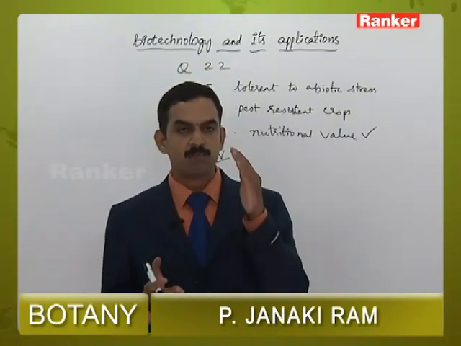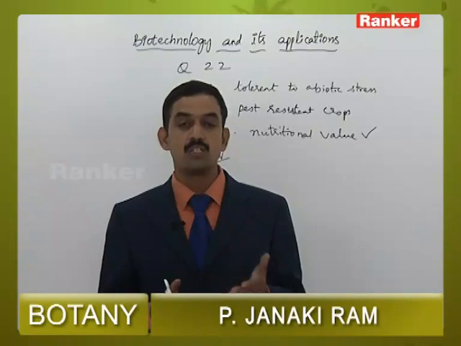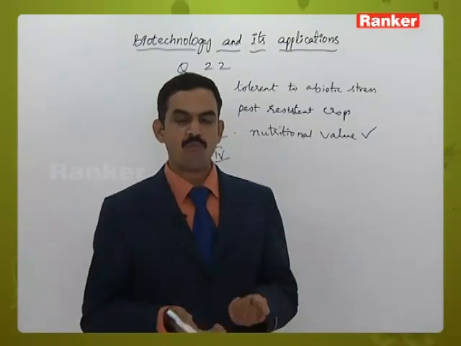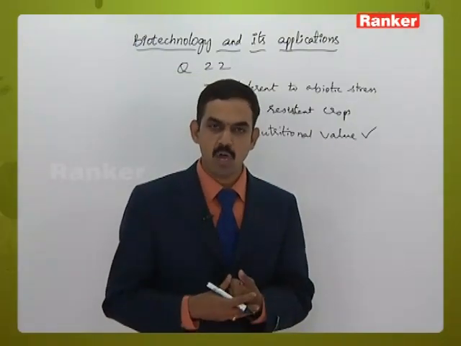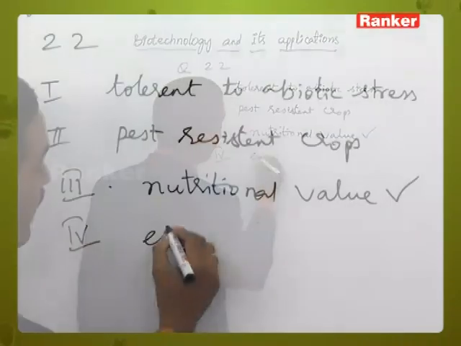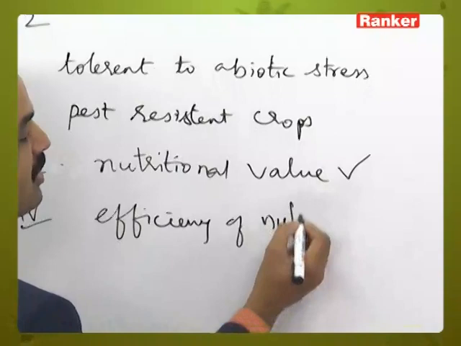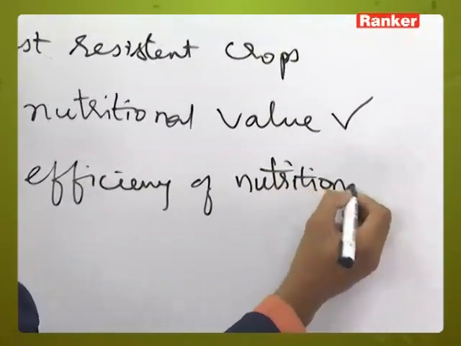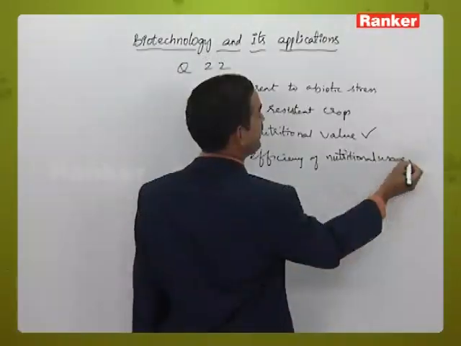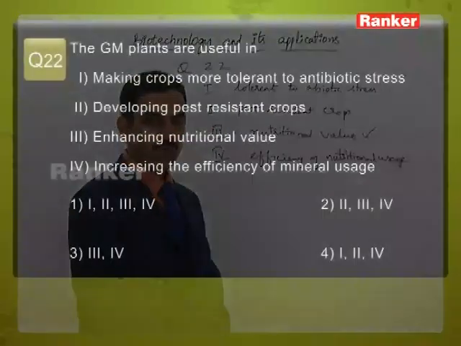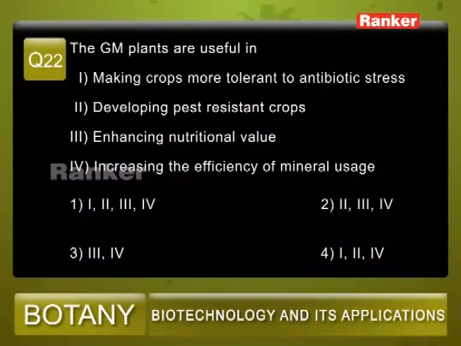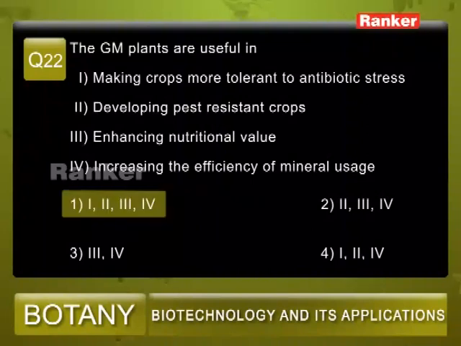If GM plants have the ability to absorb a large amount of minerals present in the soil, that is also efficiency in nutritional usage, an important character related to GM plants. So from the given options 1, 2, 3, 4, all four are correct. Question number 22, the correct answer is 1.